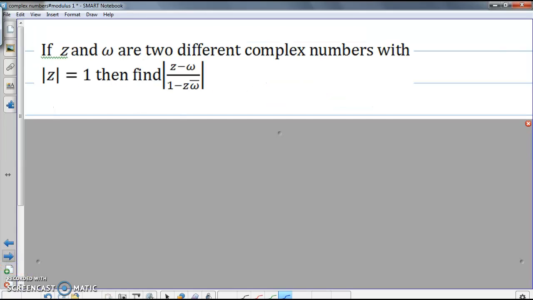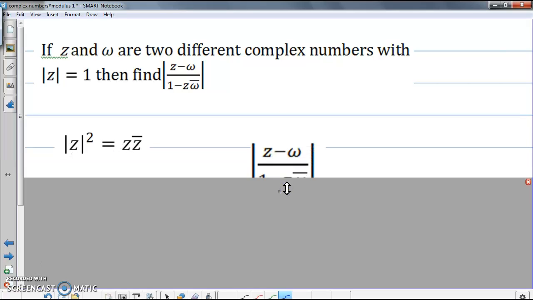Now see, this problem is almost similar to the previous one. Here we are given mod z is equal to 1. So mod of z square is 1 equals to z conjugate.